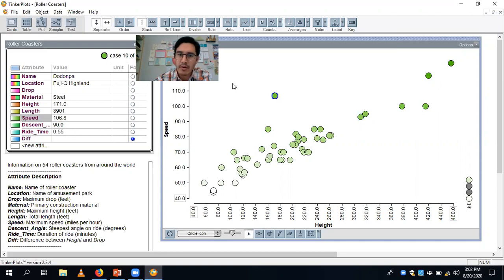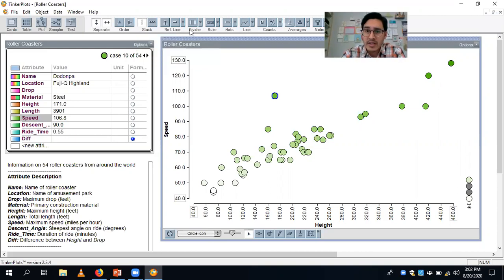It doesn't stray that far away. To summarize in a full sentence, we might say something like, there is a strong positive linear relationship between the height of a roller coaster and its speed. Taller roller coasters tend to have faster speeds. And then we may point out a couple of roller coasters that may not fit the pattern.